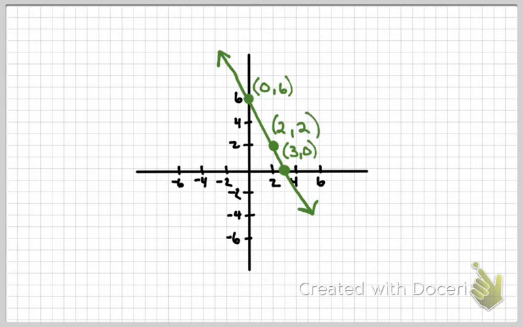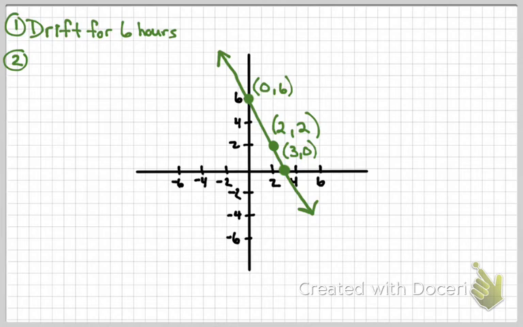Okay, so now that I have my 3 ordered pairs, now let's make a conclusion. If I'm not paddling at all, drifting will take me 6 hours to get to my end point. So I want you to take this middle ordered pair. What does the middle ordered pair mean? Again, it's all being compared to the total distance to get 12 miles down the river. Paddle 2 hours, drift 2 hours. Exactly.